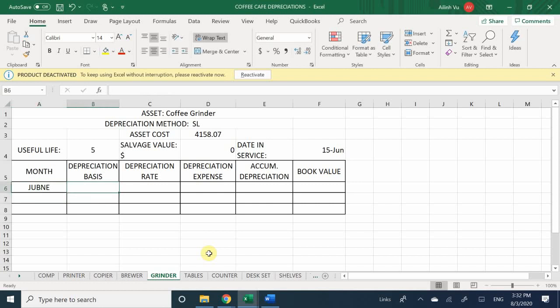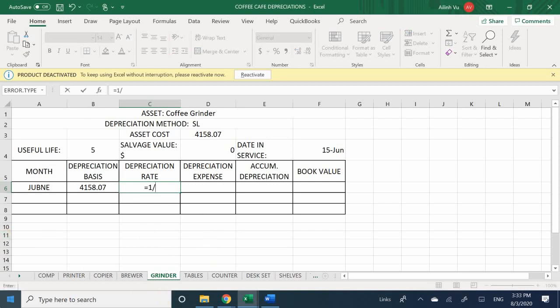What's my depreciation basis? Straight line is the asset cost minus the salvage value. Exactly. So in this case, 4158.07. Now, depreciation rate is 1 divided by the useful life. 1 divided by 5 is 0.2. Good. How do I find the depreciation expense?